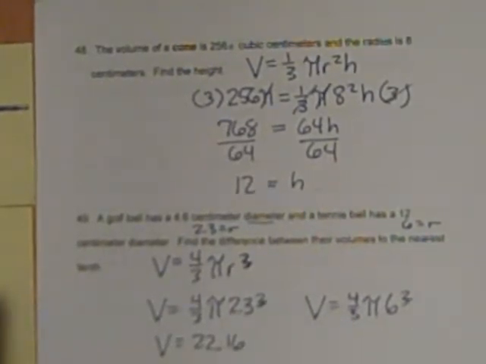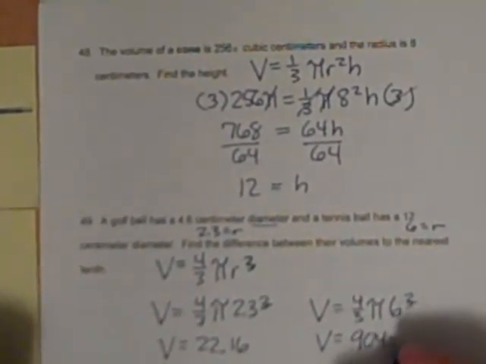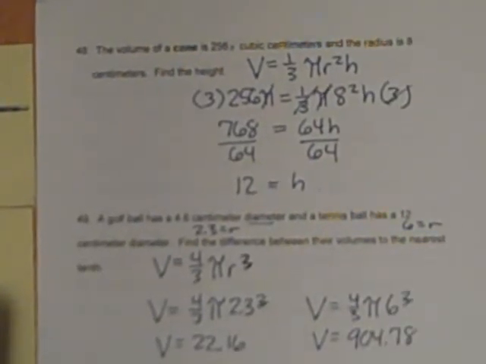On the other side, we're going to do 4/3 pi 6 cubed, which equals 904.78.